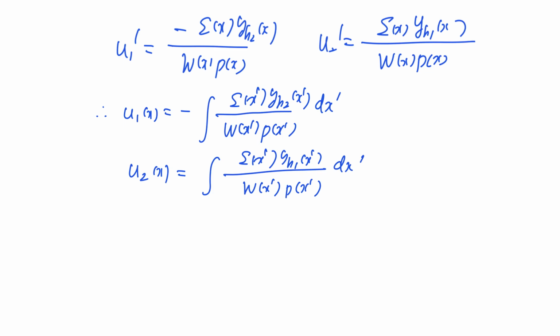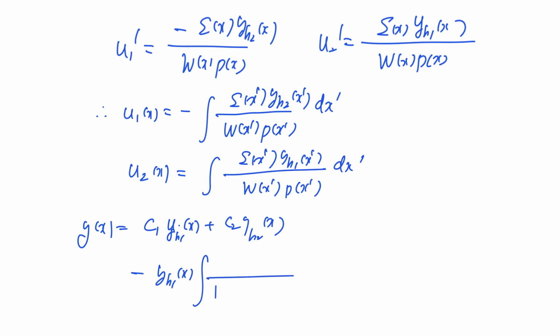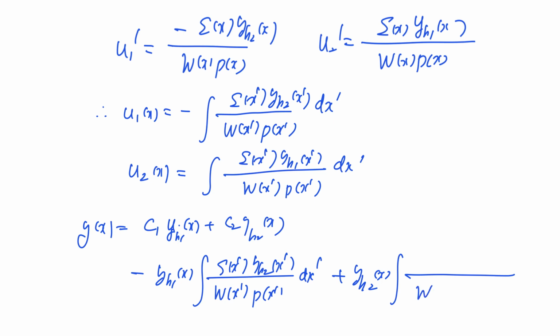So the general solution y(x) is c1 yh1(x) plus c2 yh2(x), minus yh1(x) times the integral of S(x') yh2(x') over Wronskian(x') P(x') dx', plus yh2(x) times the integral of S(x') yh1(x') over Wronskian(x') P(x') dx'.